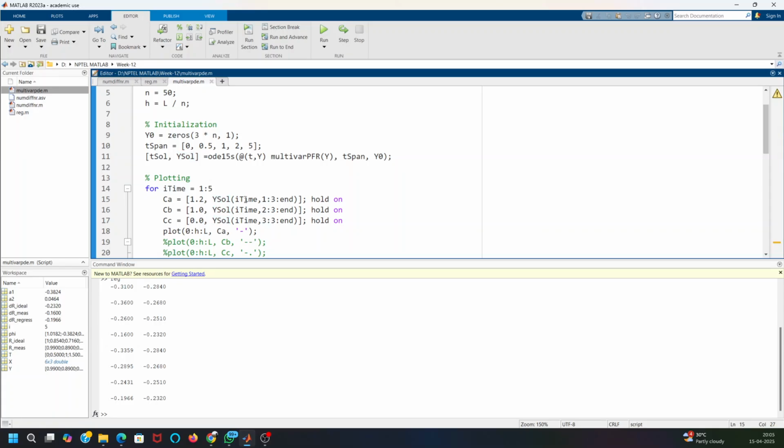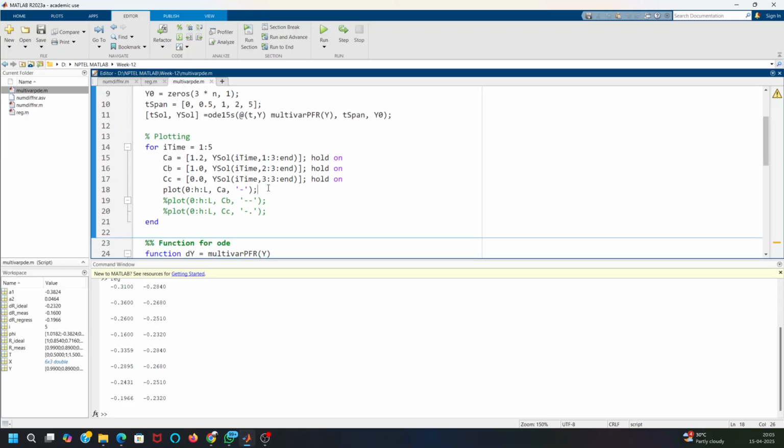At time t equals 0 you will get all the values of concentration of Ca at various points on the segment. So we can plot it for 5 time instances. Ca has values for various segments on the reactor.